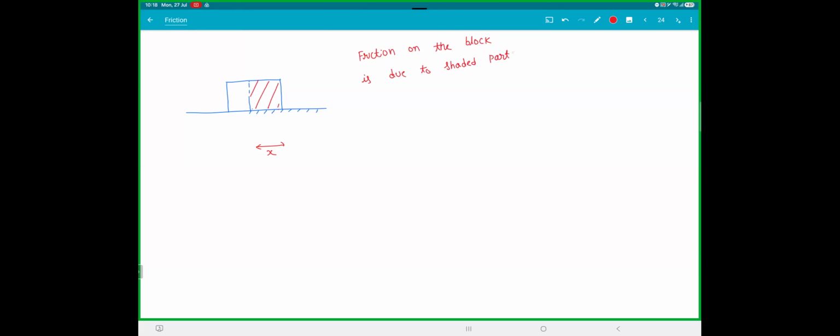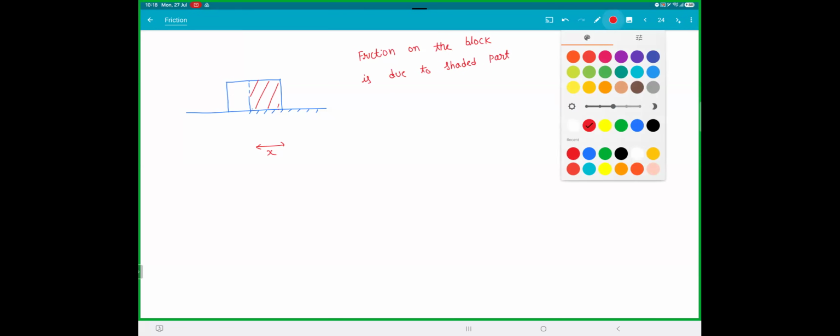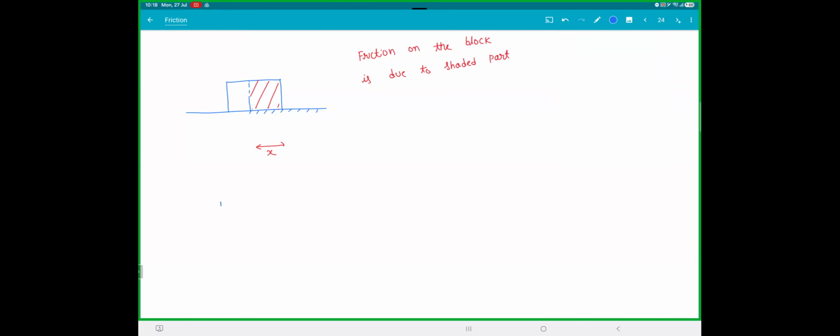That means you can't take the total weight there. So what is the mass of the shaded part? Let the mass of the shaded part be equal to small m. Unitary method. For length L, we have capital M. For x, we have small m. We have done this in tensions before, if you remember.